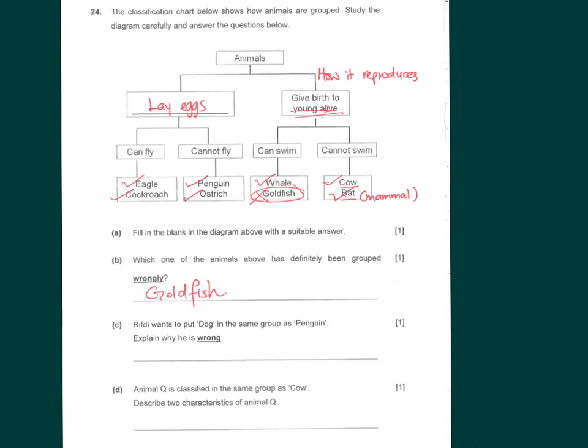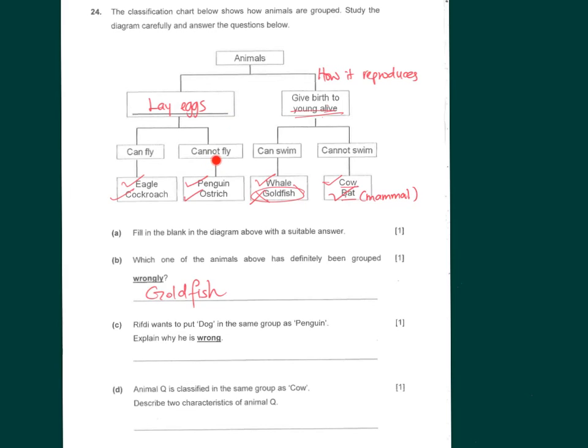Part C. Now Reef D wants to put dog in the same group as penguin. Now why is he wrong? So he wants to put dog in this group here. So let's run through the classification table and see why. Dog, can it lay egg? No. Alright, so the dog is a mammal. Dogs are mammals. They give birth. So number one, it is wrong because of this.